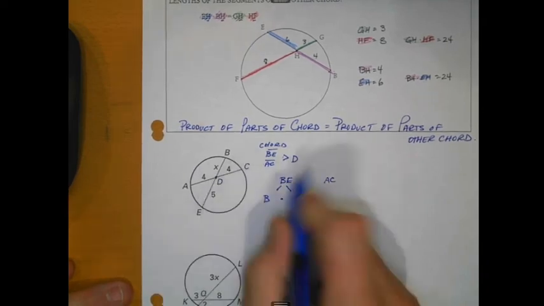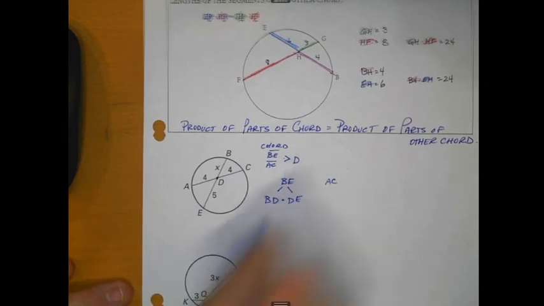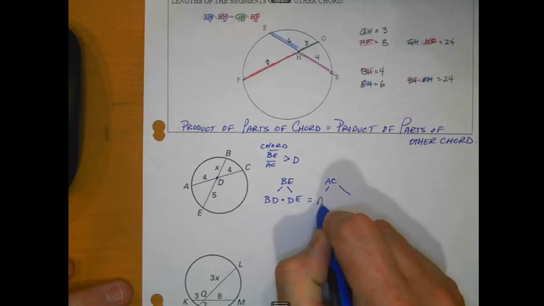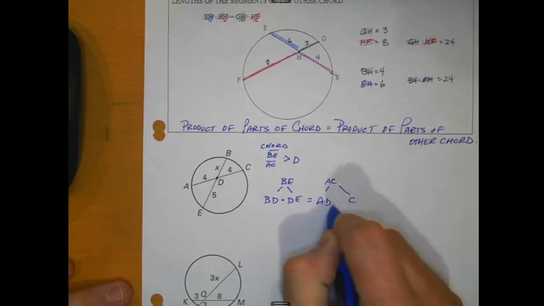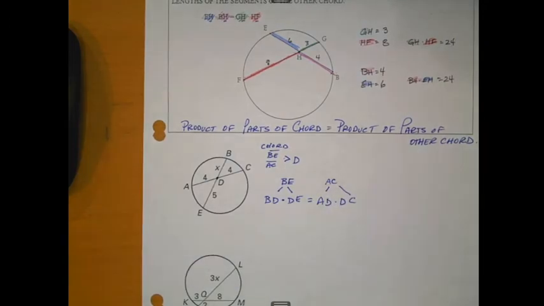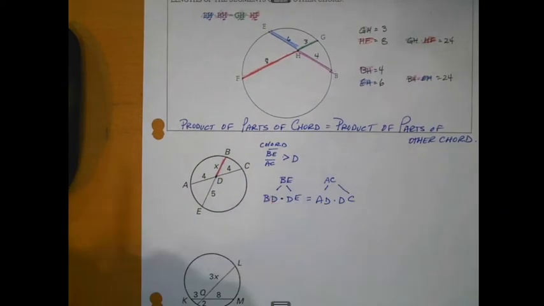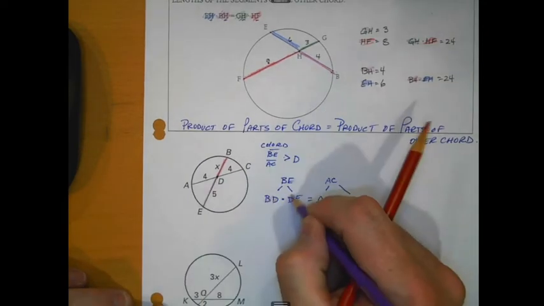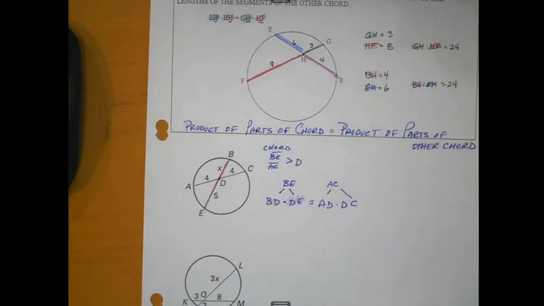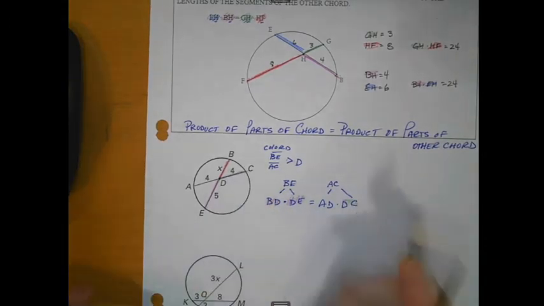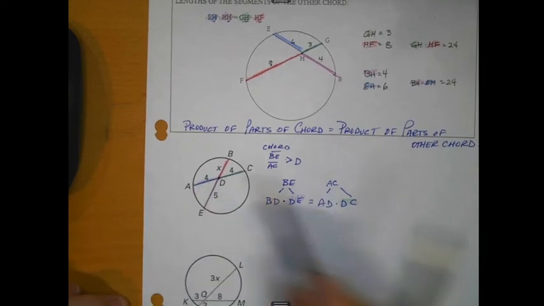Our intersection point is D. We're going to break up A and C with D as well. So BD and DE, which makes up BE, is going to multiply together to get CD times AD.